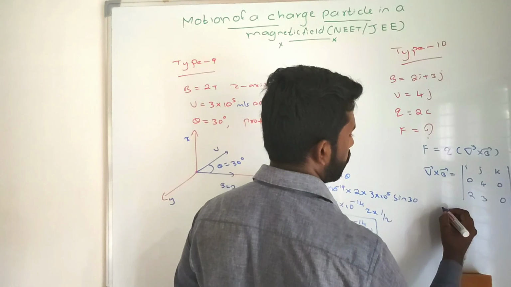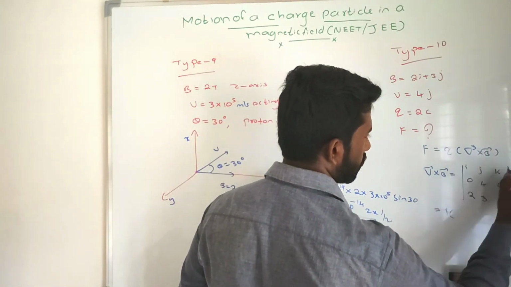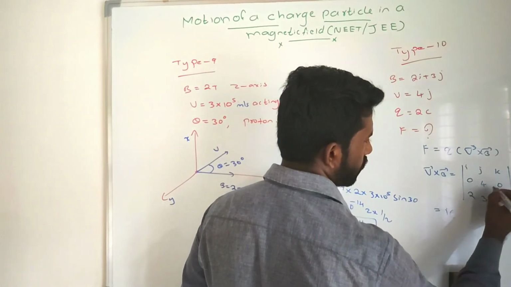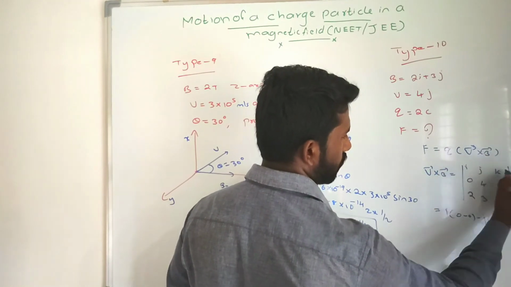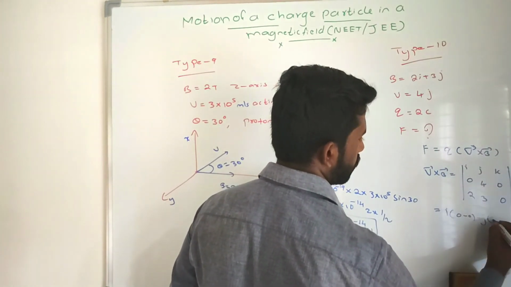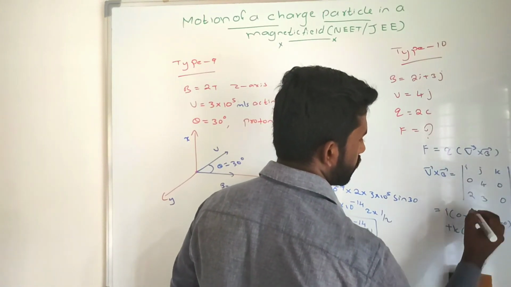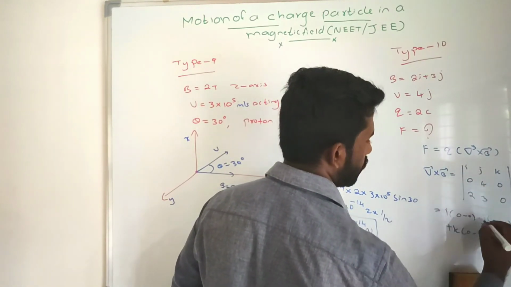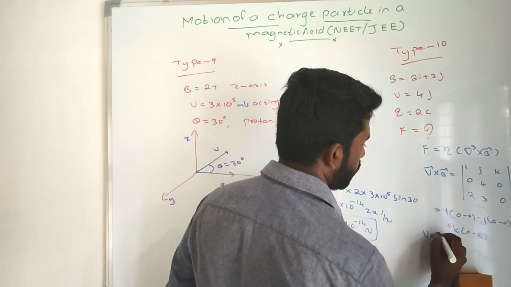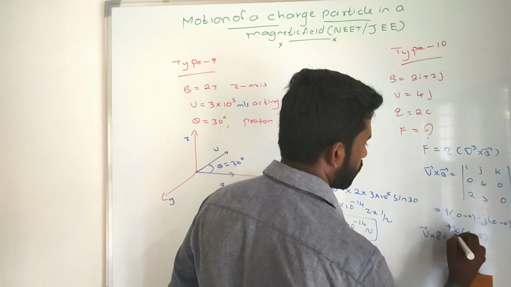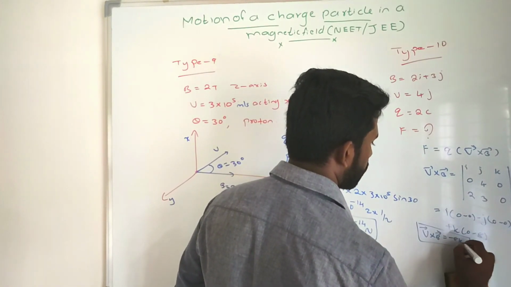Expanding: I into (4 into 0 minus 3 into 0), which is 0, minus J into (0 into 0 minus 2 into 0), which is 0, plus K into (0 into 3 minus 2 into 4), that is minus 8. So V cross B is equal to minus 8K.